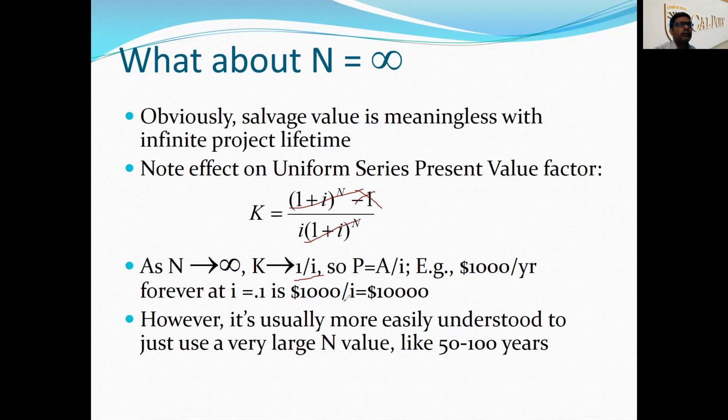So if n becomes exorbitantly large, this is a good value to estimate. Even for a large n like 50 or 100 years, this approximation might be an acceptable alternative. Everybody can see how k goes to 1 over i.